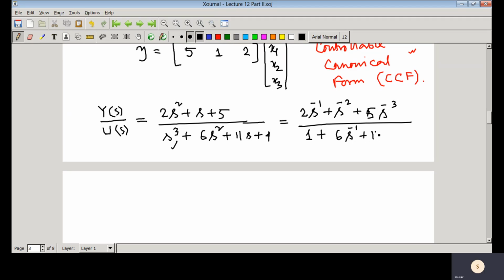So here the difference is we are not going to multiply numerator and denominator with a variable x. We are not going to do that. So now after dividing the numerator and denominator, we are just multiplying and getting this particular relationship. If you cross multiply, then you will get Ys this term.